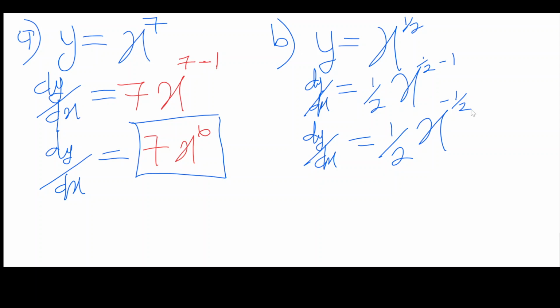Now let's look into the third example I have here. It says we should differentiate the function y equals 1 divided by x to the power of 3. How do we go about this? If we want to do a situation like this, all we need to do is make it look like an exponent.